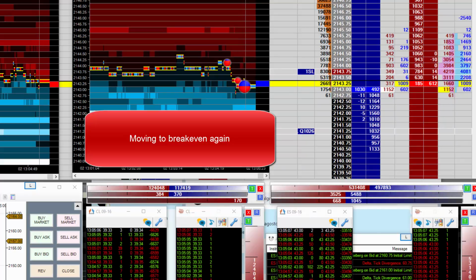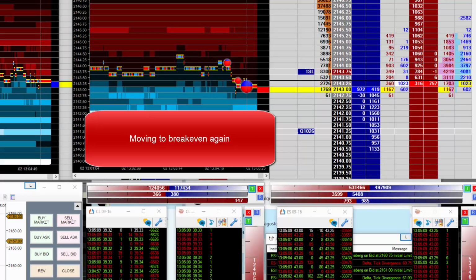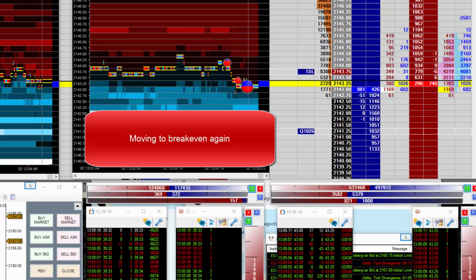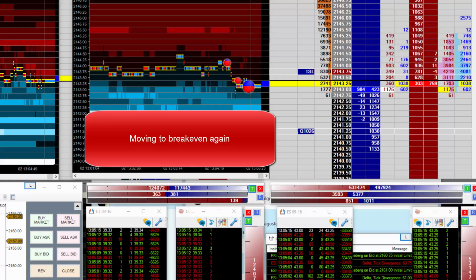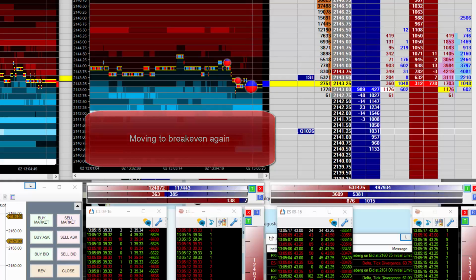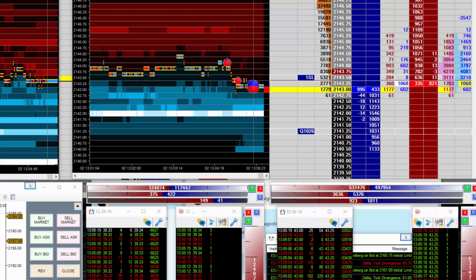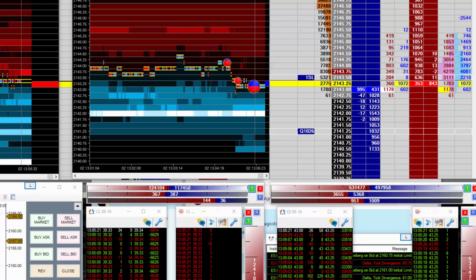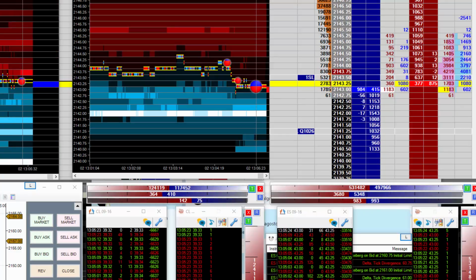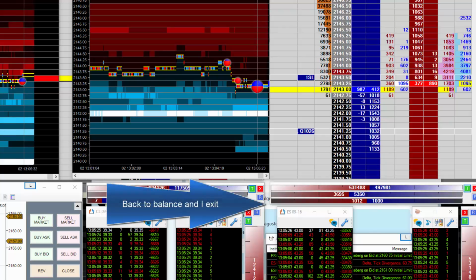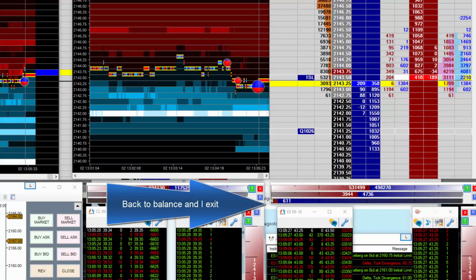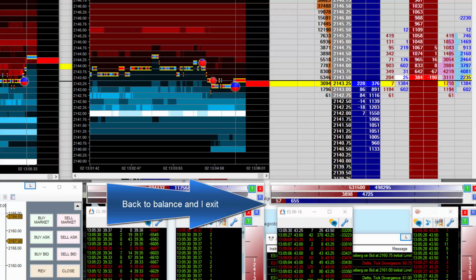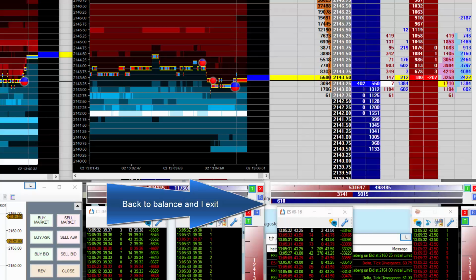However, the price is ticking up again. So after two trades with the same situation, you see, break even plus one, and about to be taken out again at break even plus one. Stop filled. Here the sellers take that, and I exit the trade.